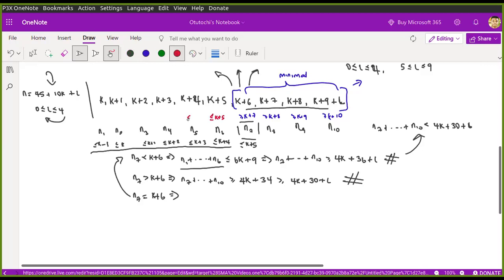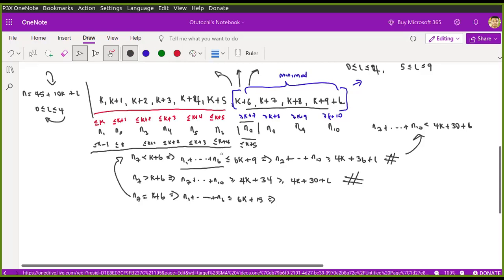This is going to be less than or equal to k plus 4. This is going to be less than or equal to k plus 3. This is going to be less than or equal to k plus 2. This is going to be less than or equal to k plus 1. And this is going to be less than or equal to k. So we'll just be looking at their sum there, right? And that means this is just going to imply that the sum n1 to n6 is less than or equal to 6k plus 15. So this is basically what we did before.